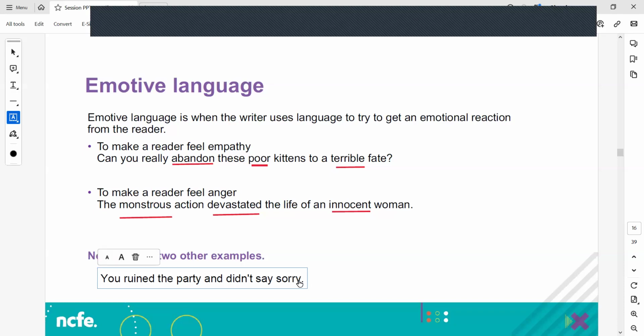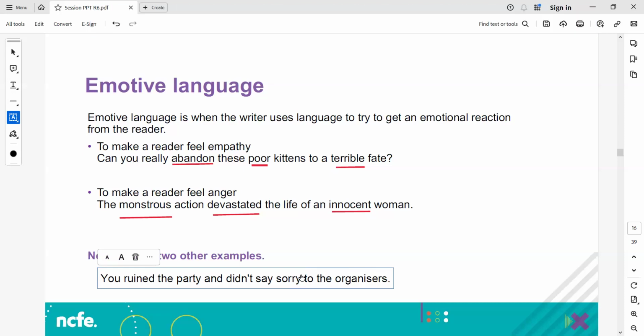Okay, so instead of organisers, or in front of organisers, what adjective could we add? How did the organisers feel about the party being ruined?